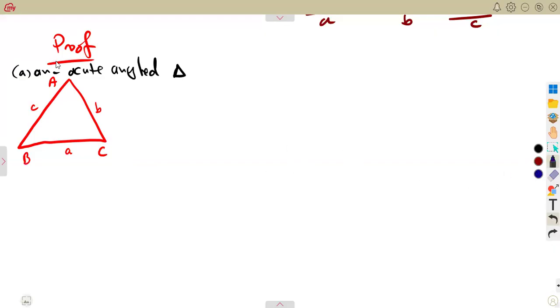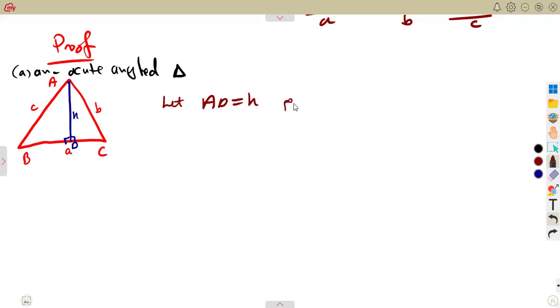So let's say we make a construction from A to the base BC, to the point that we can refer to as D, so that this is perpendicular to BC. All right. So let us have AD be equal to the height.